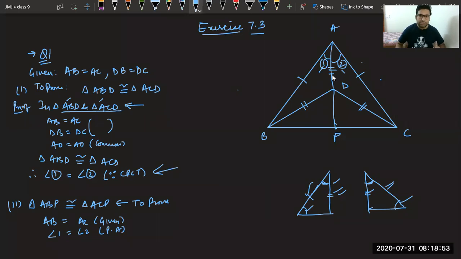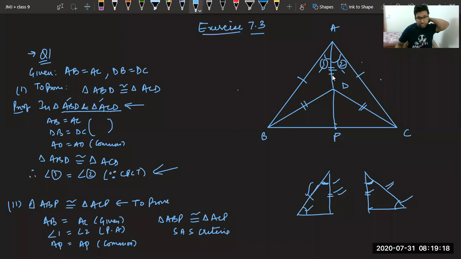And the third thing is AD is equal to AD, both common. Oh, sorry, it is AP. AP is equal to AP. So we can say triangle ABP is congruent to triangle ACP by which criteria? By SAS criteria.